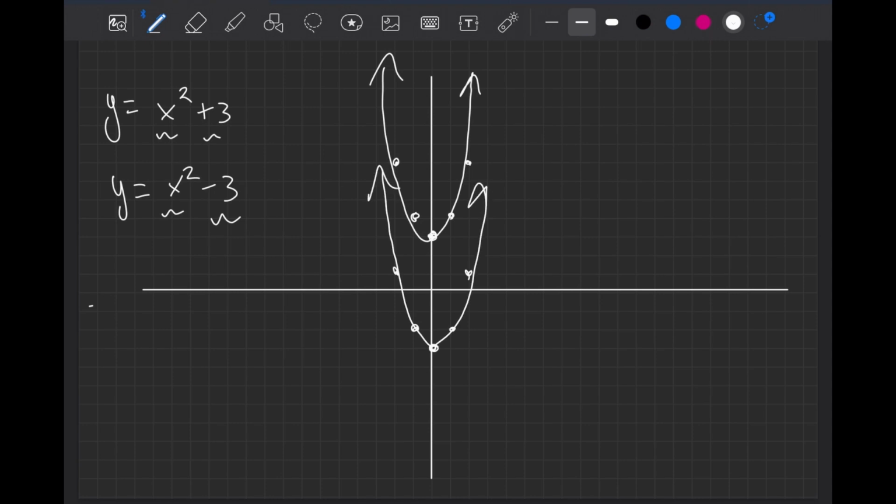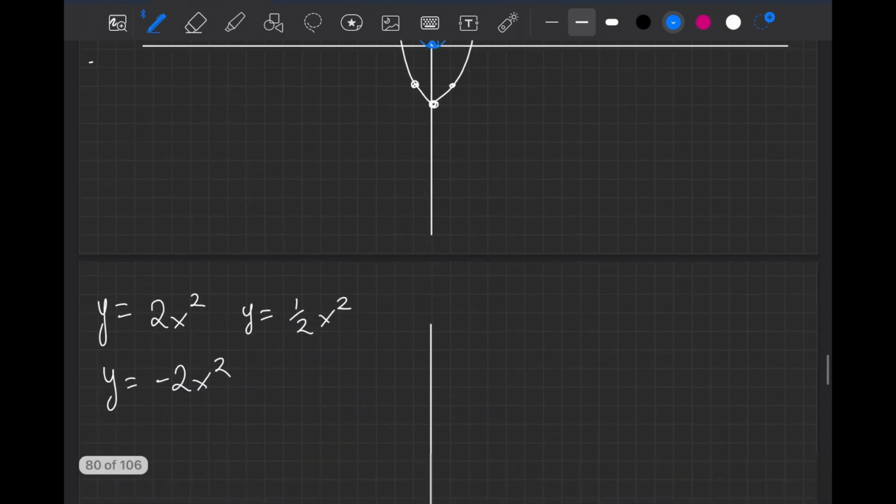So the minus 3 moved the original function basically up or down, and all the points got moved. One easy way to do it is start at the vertex, go left or right 1 or 2 or whatever, and then do the transformation.